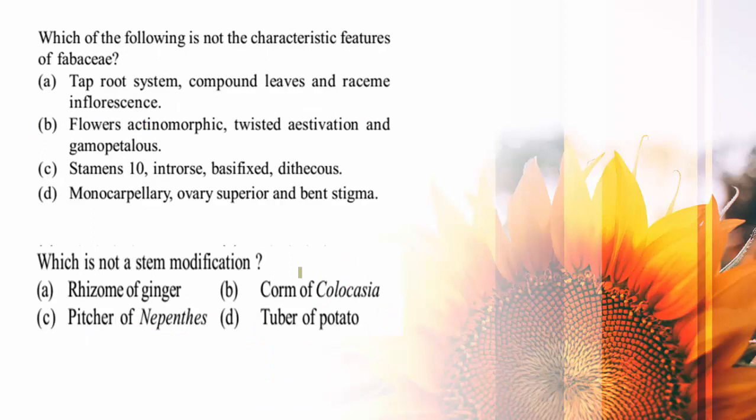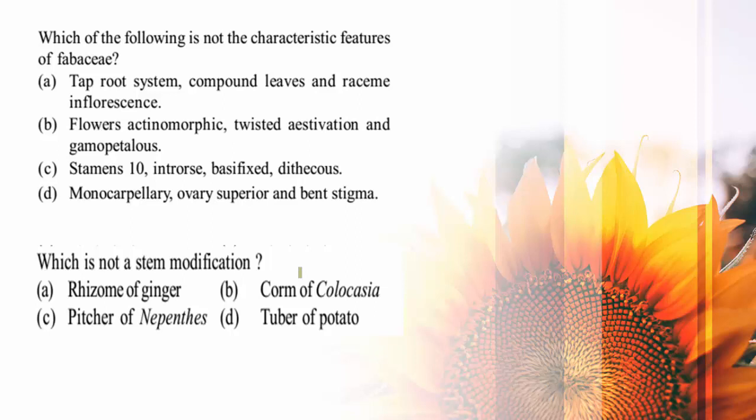Which of the following is not the characteristic feature of Fabaceae? Taproot system, compound leaves and raceme inflorescence, flowers actinomorphic, twisted aestivation and gamopetalous, stamens 10, diadelphous, basifixed dithecous, monocarpellary, ovary superior and bent stigma.